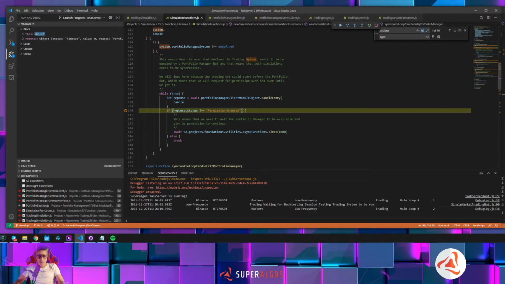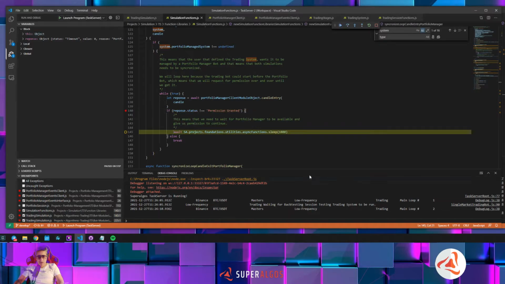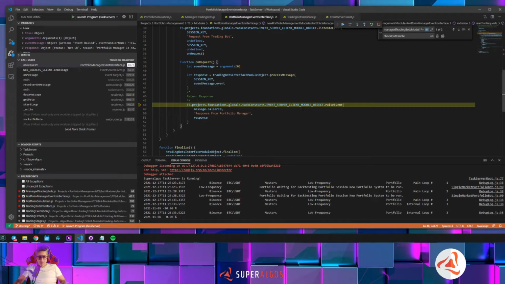There we go. So we come back here. Status is not permission granted. No. So it will fall asleep. And then it will come back and ask again.